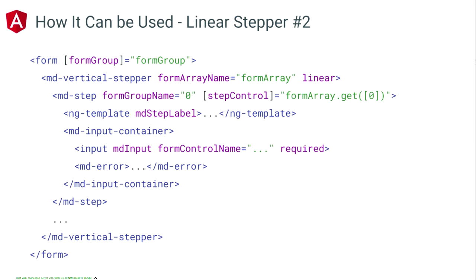And here's the second, a little more complicated approach. For this one, the entire stepper is one form, and each step is a form group. So a stepper would be an array of form groups. However, the other implementation is the same in the sense that for the stepper, the developers would provide the input of linear property, and for each step, they would provide the input of step control property.